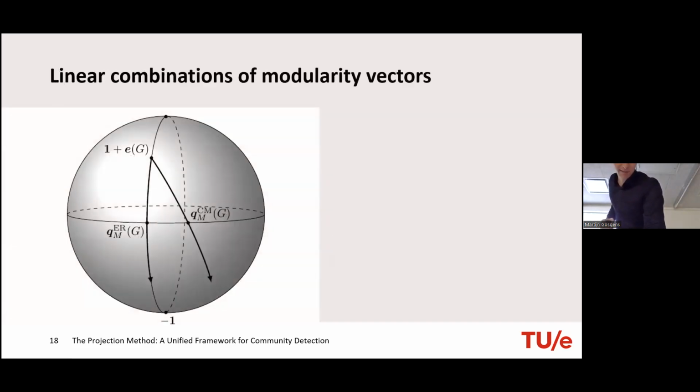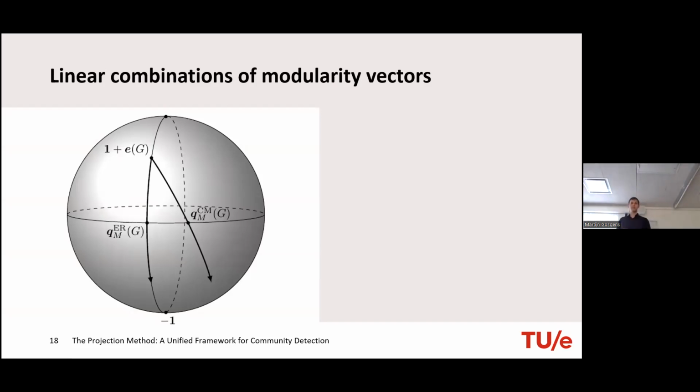One particular thing that we can do is take linear combinations of these modularity vectors like this. No one's stopping us from doing that. These modularity vectors also have a nice geometric interpretation. For each of these null models, you can choose the resolution parameter. And if you look at the query vectors as a function of this resolution parameter gamma, then they correspond to straight lines on a hypersphere, like a geodesic.